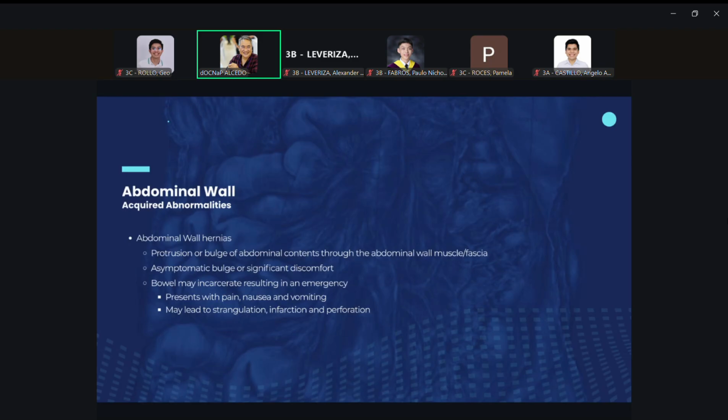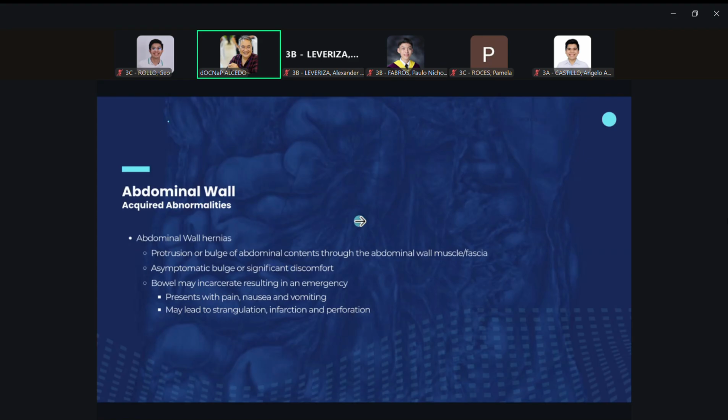And just like your inguinal hernias, there is a resultant protrusion or bulge of the abdominal contents through the abdominal wall. So it can either be asymptomatic or it can cause significant discomfort to the patient. And just like your inguinal hernias, they can also incarcerate and result in strangulation.